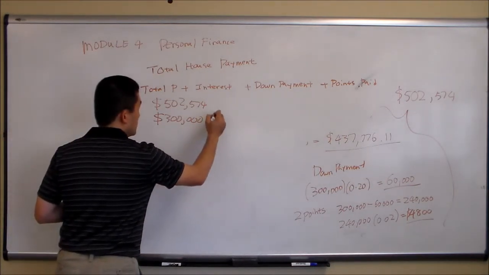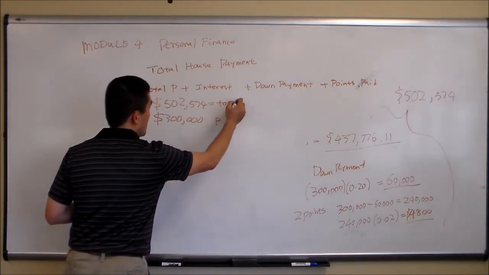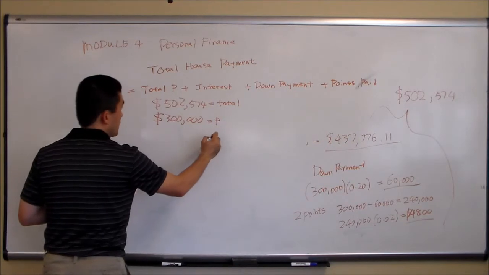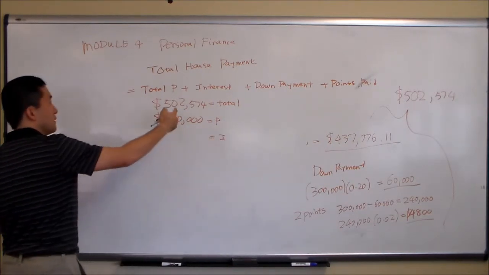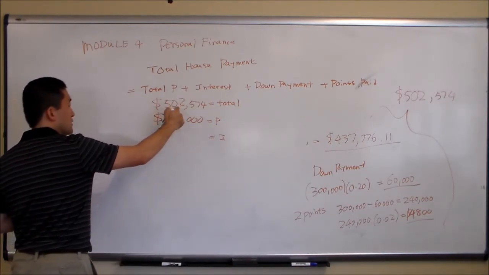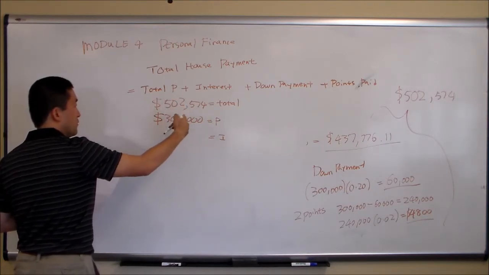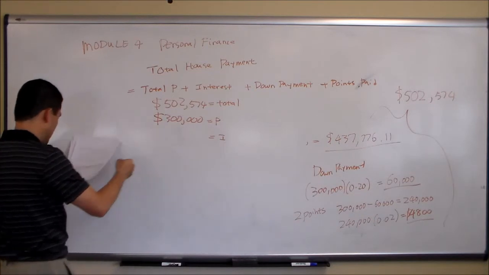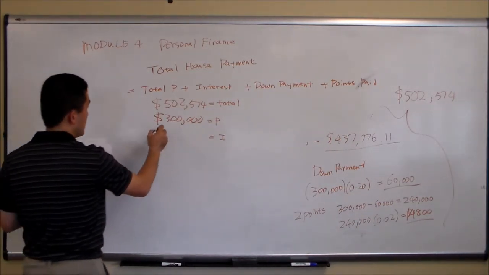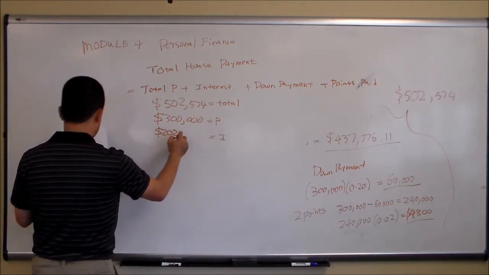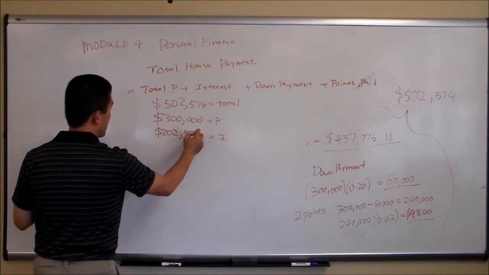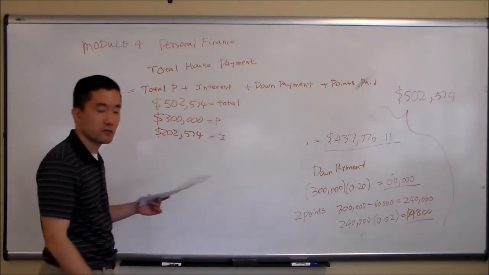This was your principal. So what's the interest? Well, you do this minus that, because that's everything including interest and everything. So principal is this, interest will be 202,574. See what I mean when I say ouch?